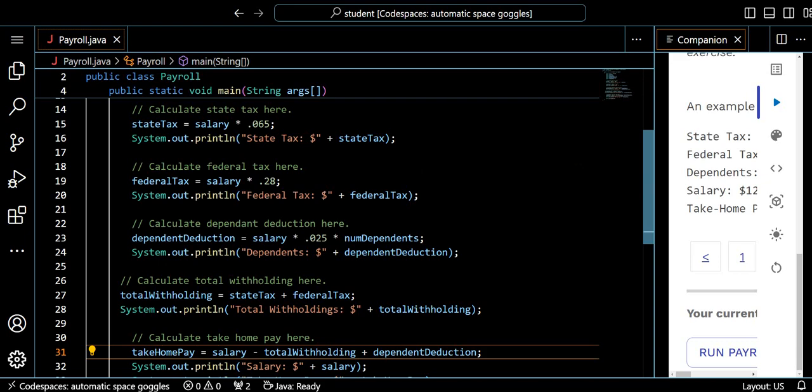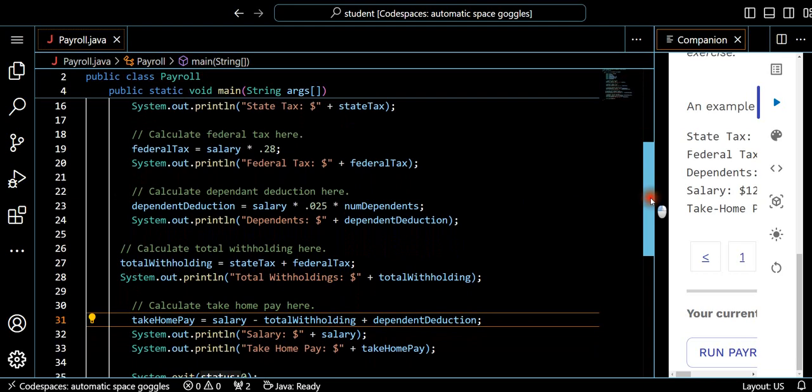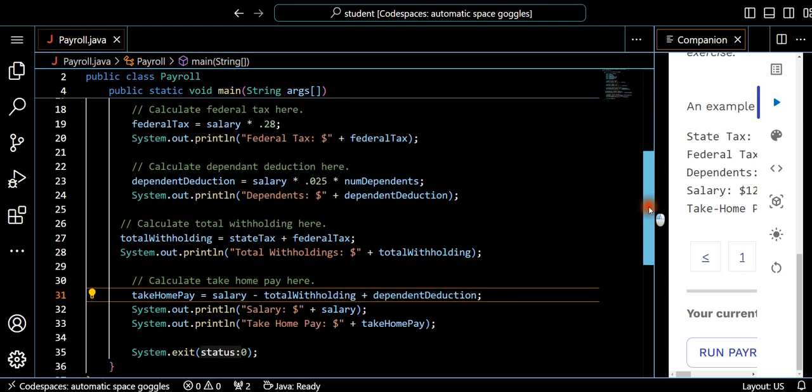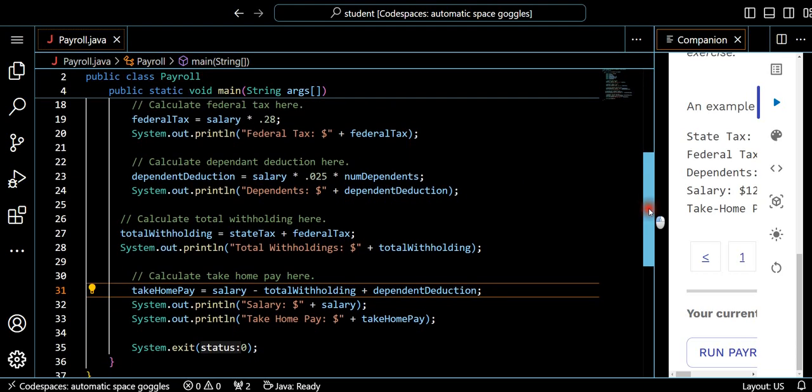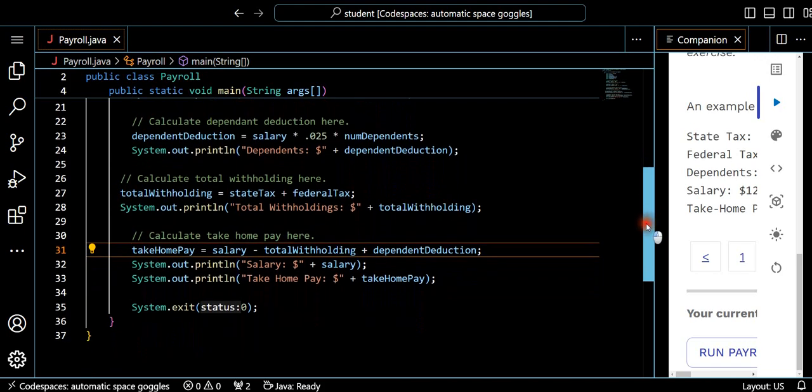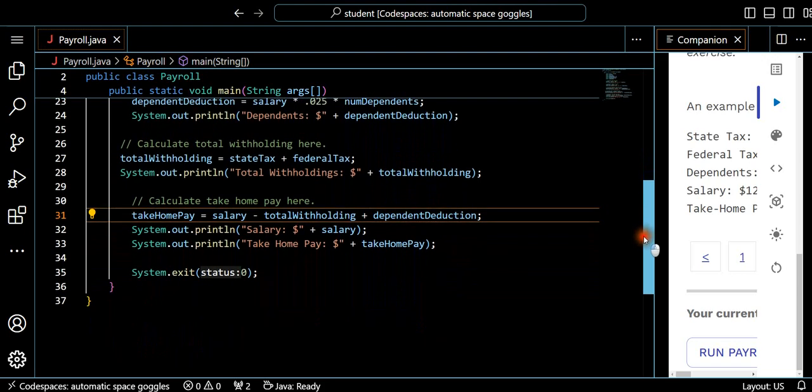State tax equals salary times 0.065. Then we came to 19. Federal tax equals salary times 0.28. Make sure our spaces are good. Dependent deduction equals salary times 0.025 times num dependents. Total withholding equals state tax plus federal tax. And take-home pay equals salary minus total withholding.